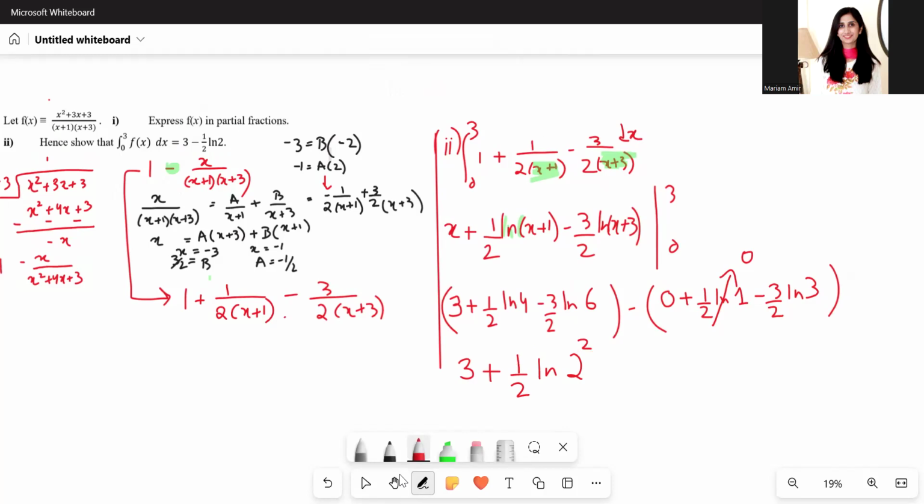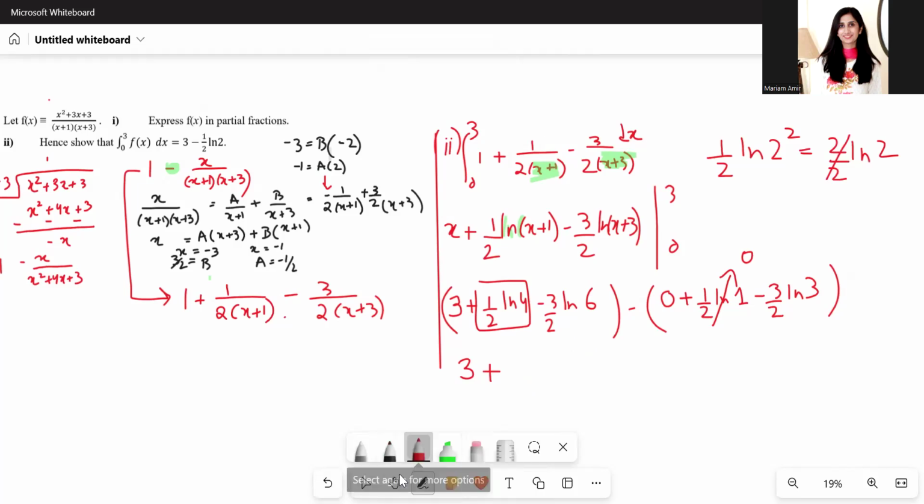So I'm going to write that here. After we simplify this, half ln 2 squared, which is 2 upon 2 ln 2, is just ln 2. So let's just write ln 2 here, minus 3 upon 2. Again, only ln 2 is allowed in the answer.